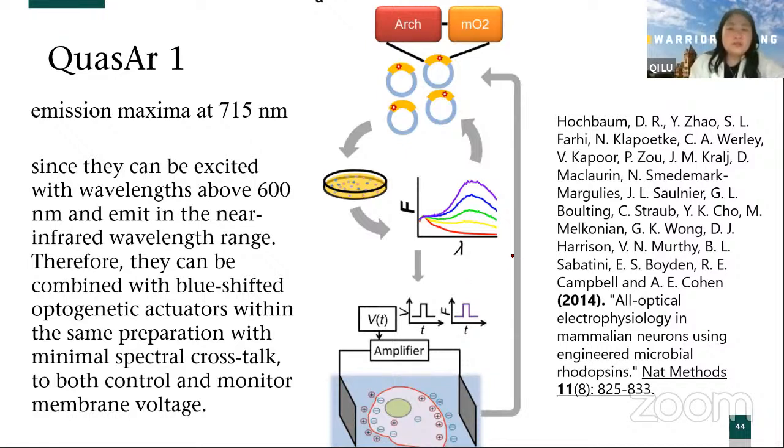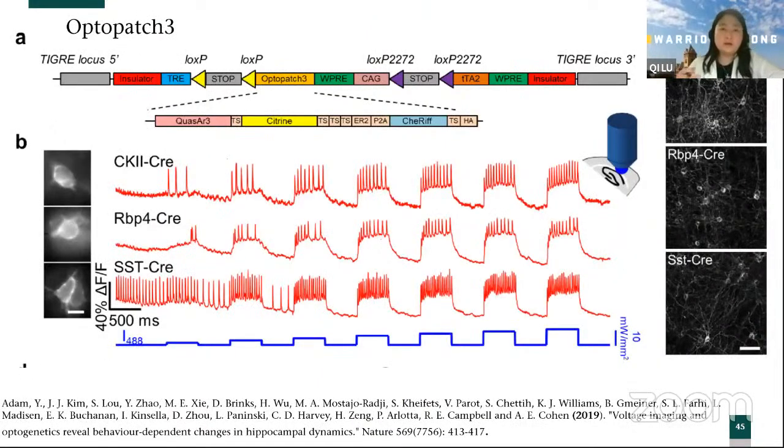So another approach is also to do a directed mutation to isolate it, and that's the Archon2, that's QuasAr1. It also uses directed evolution to isolate a voltage sensor.